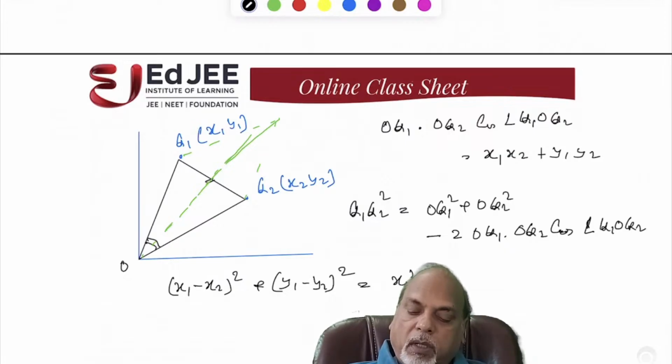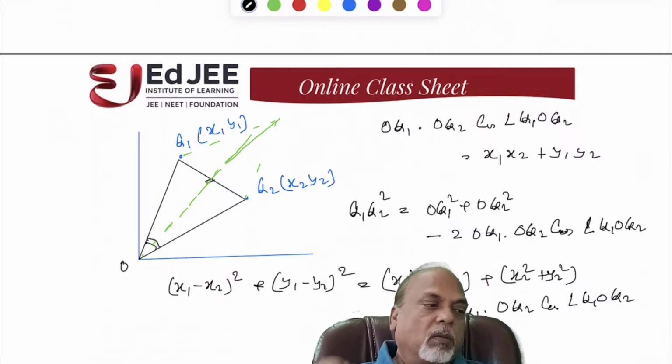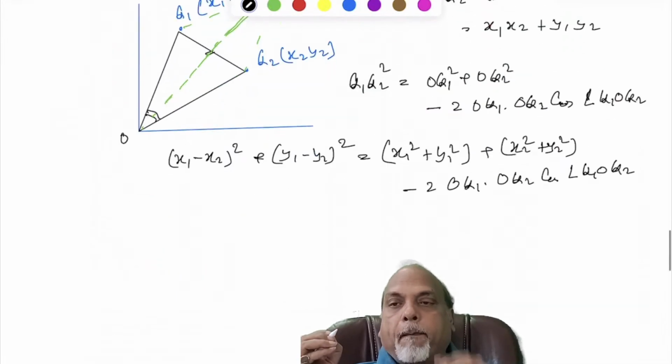Plus y1 square. And this is your x2 square plus y2 square, OQ2 square, minus, you can put like this only, OQ1 dot OQ2 cos angle Q1 O Q2. Correct.